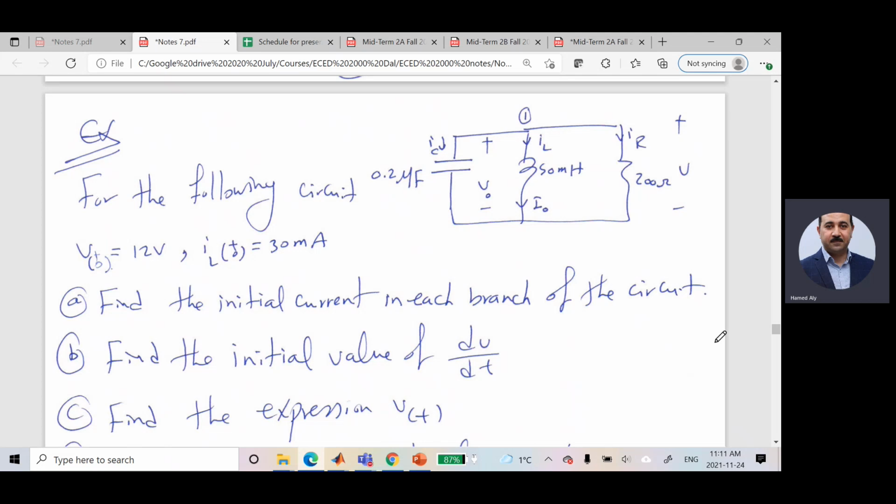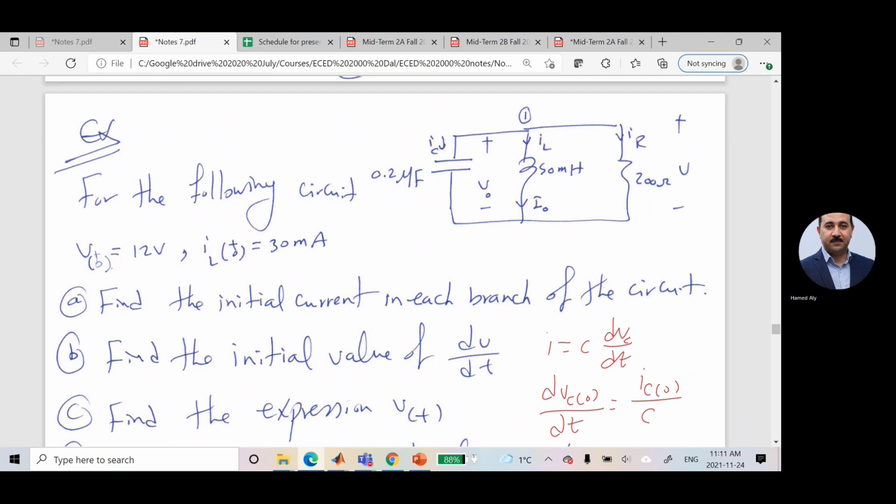So generally speaking, if I asked you to calculate dV by dt at t equal to 0, you have to find the initial current in the capacitor. Because I is equal to C dV by dt, I can say dV for the capacitor of 0 divided by dt is equal to IC of 0 over C. I subscript C. Some of you will say, oh, we will cancel C with C, which is right, but this is the subscript.